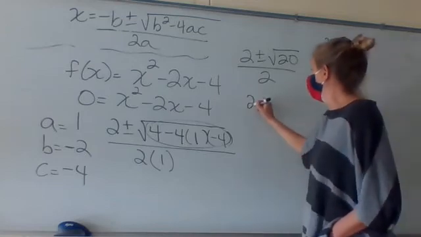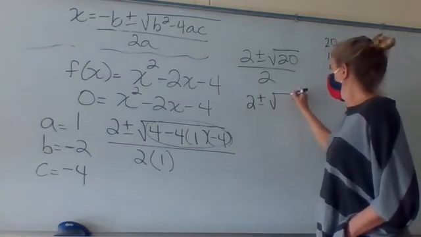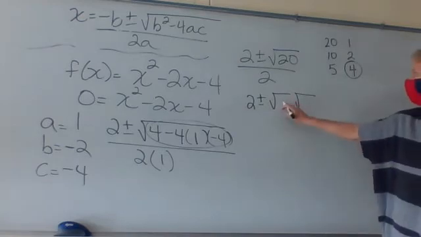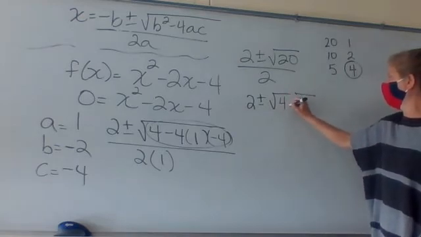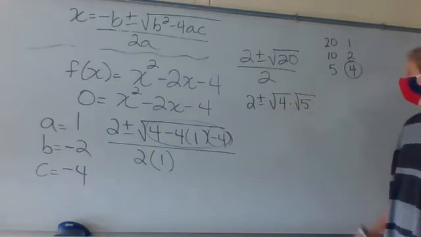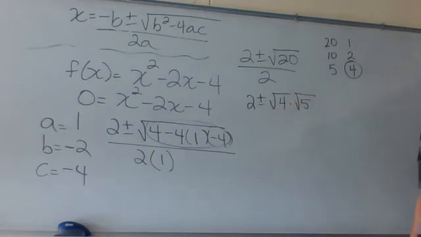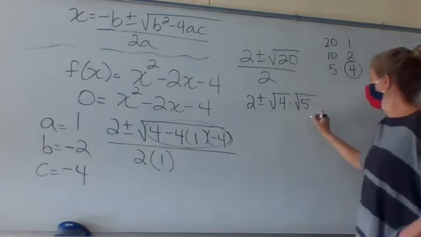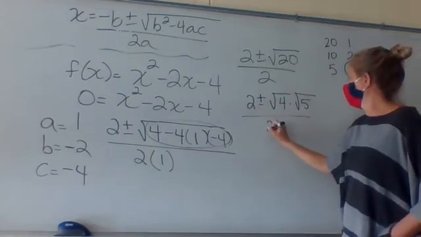So I'm going to have 2 plus or minus. I'm breaking apart that 20 to its perfect square, which is 4, times 5 is 20. So all I've done on this step is broke apart the 20 to 4 times 5. It's still over 2.